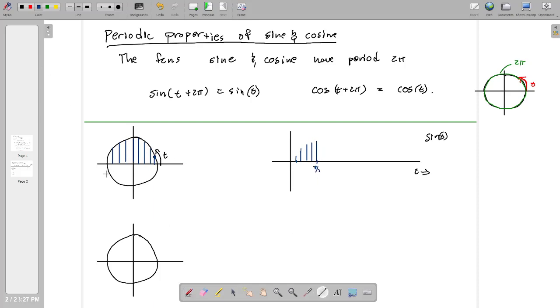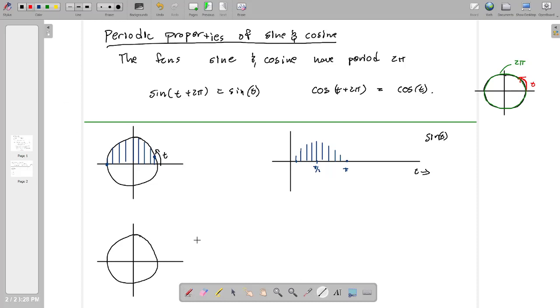Let's go right here. So let me mark that. And then after pi over 2, we start to come back down. And then at pi, we're going to be here on the x-axis. This would be pi. That's when the vertical distance is 0, because remember, the vertical distance is related to sine.